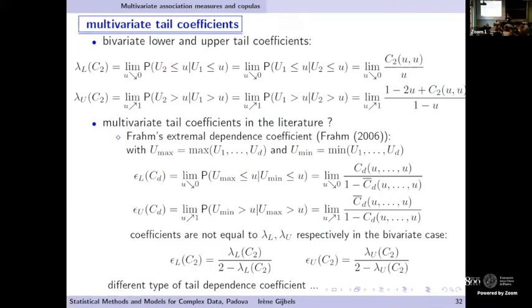What is then the probability that the other one also exceeds that certain threshold? And that threshold you want to push to the limits, right? You want to look in the tails. Now that's a function of the bivariate copula. It's the same story as before, except that now there is this limit coming in, which makes it more annoying.